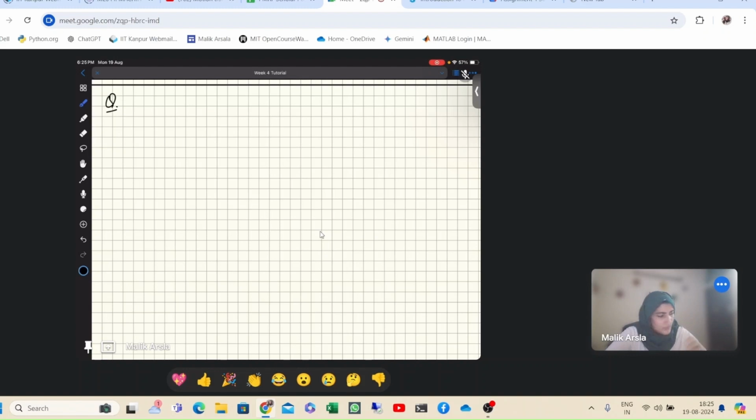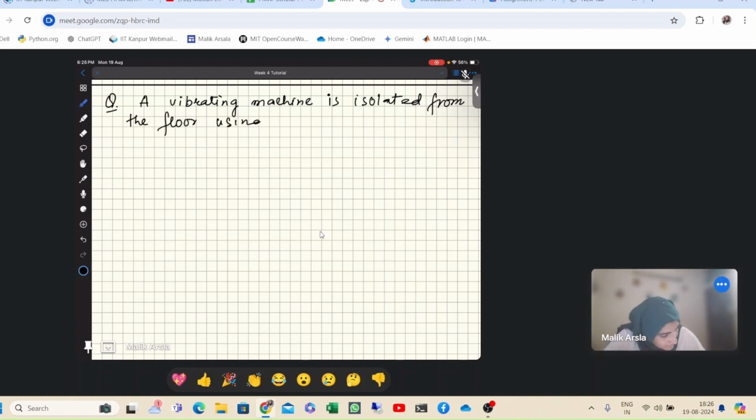Okay, so a vibrating machine is isolated from the floor using springs.